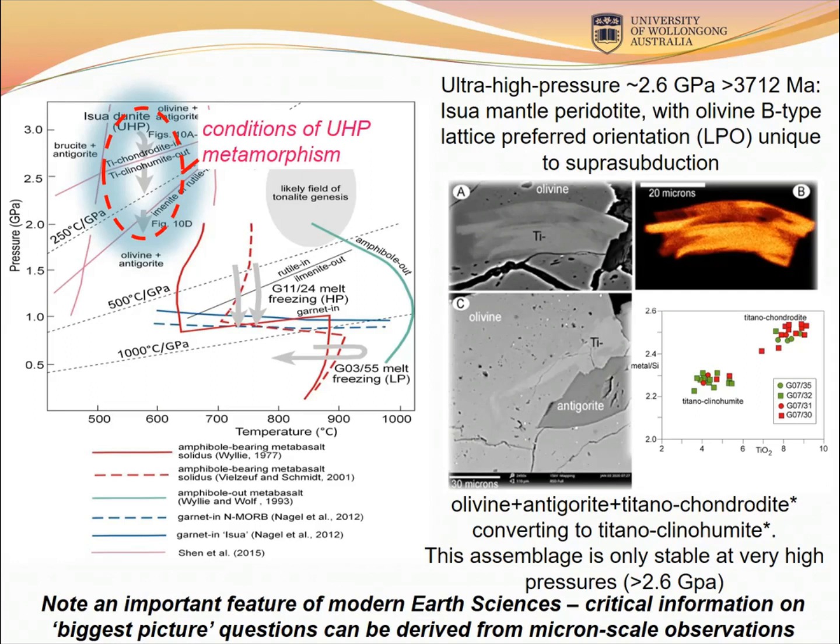But this illustrates a very important thing about many aspects of earth sciences, in that in modern earth sciences, critical information on some of the biggest picture questions can be derived from micron scale observations. So when one's looking at these bizarre titanium bearing minerals, one's looking at things which are much, much smaller than 1 millimeter across.